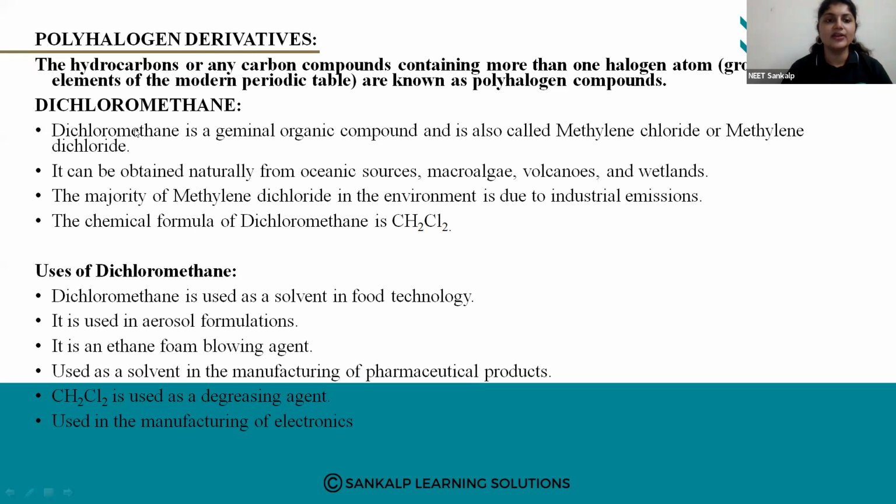The first is dichloromethane. Dichloromethane is a geminal organic compound and is also called methylene chloride or methylene dichloride. So what do you mean by geminal and vicinal?